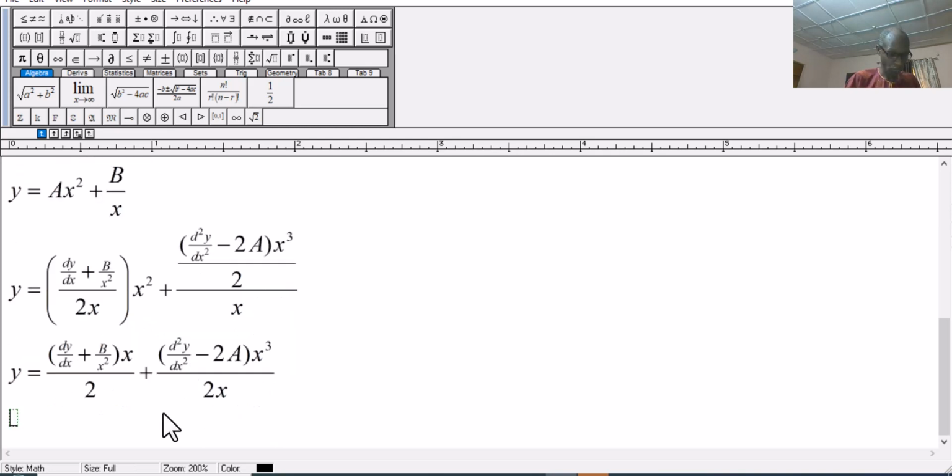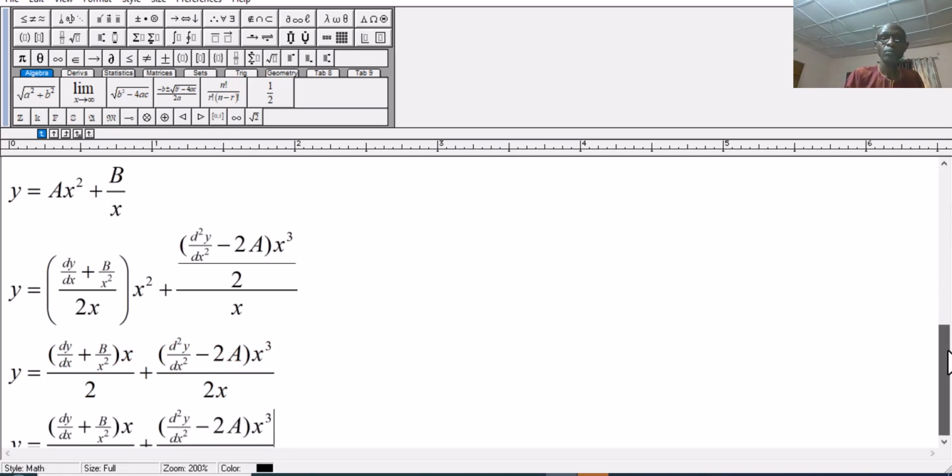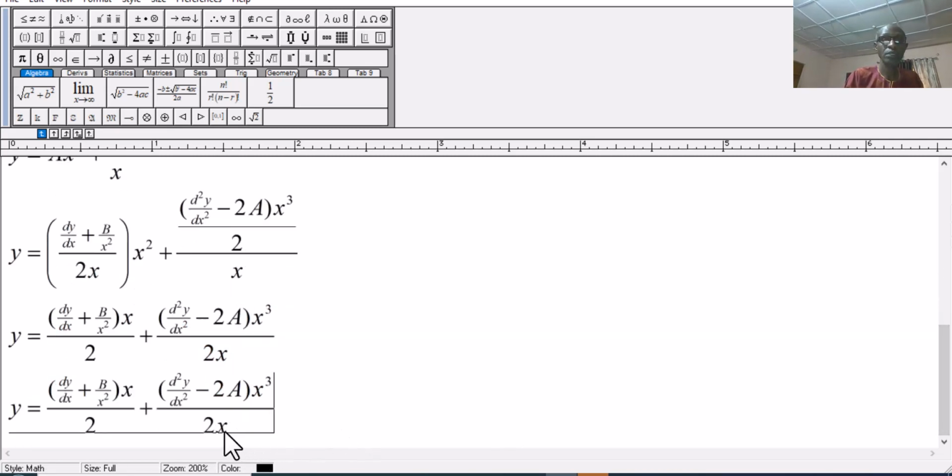So y is equal to, let me put everything in x, this will cancel out. So you will now have something like x squared here. So this is what we have at the end of the day.